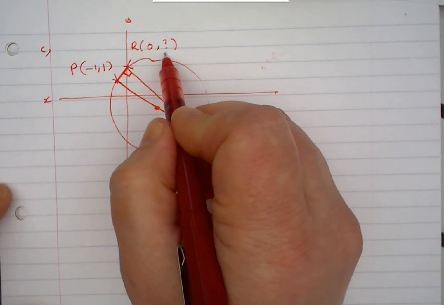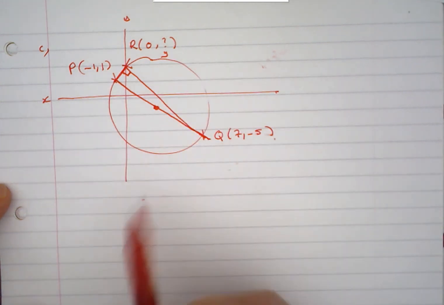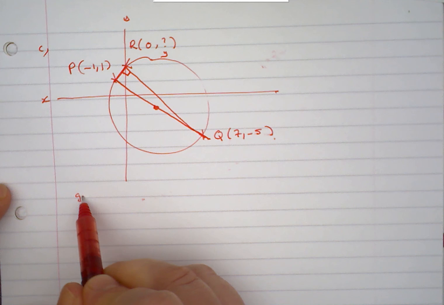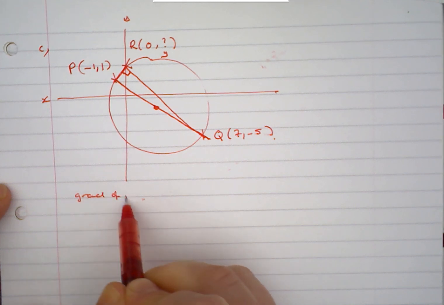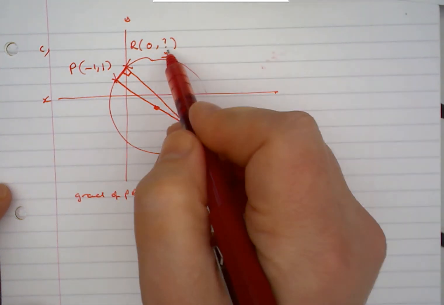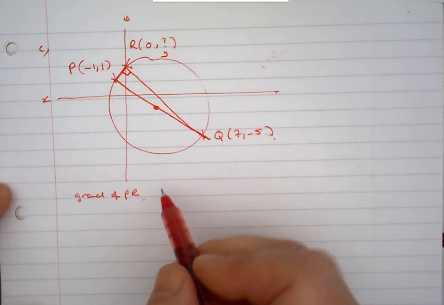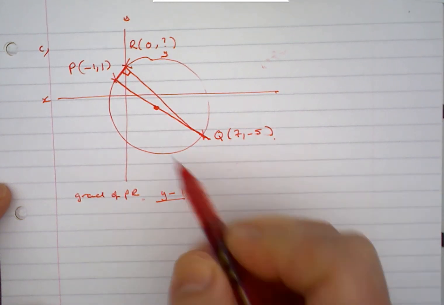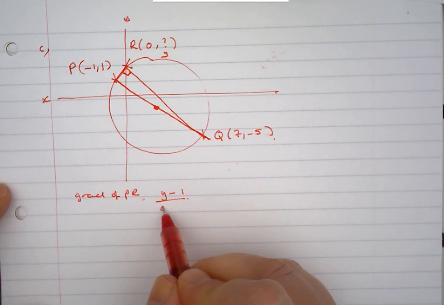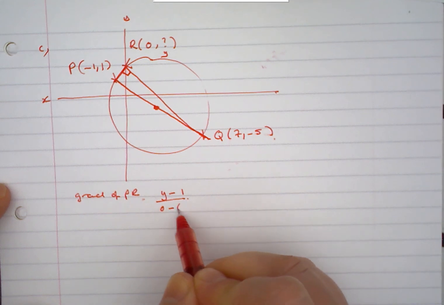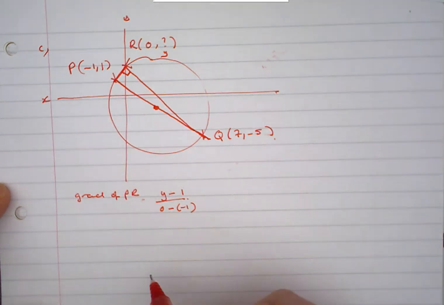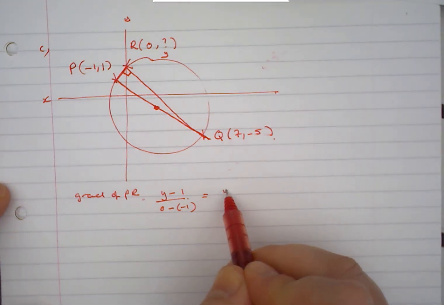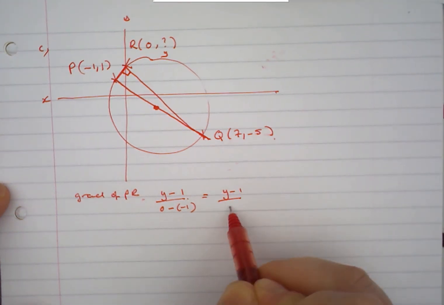So the gradient of PR is y2 minus y1, so y minus 1, over x2 minus x1, which gives me this. And if I do minus minus 1, that just gives me y minus 1 over 1.